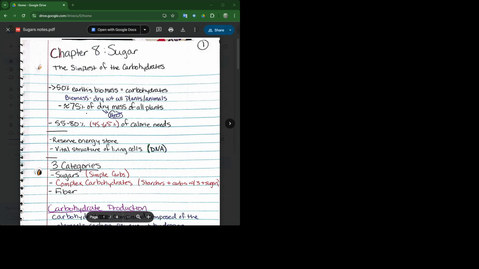However, I remember back to the lecture and I'm following along with the lecture slides. I go back to the slide where I talked about the types of carbohydrates, and there were some differences. Number 1, sugars is fine.